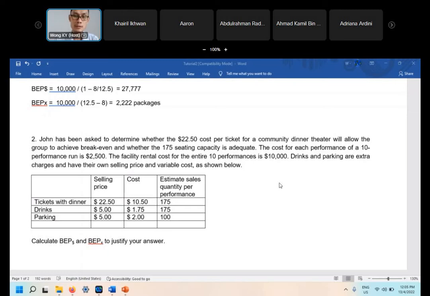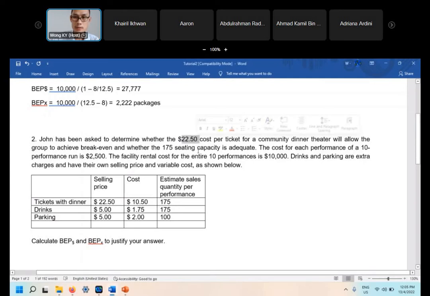The question asks whether this price is enough to break even, and also the dinner theater will allocate 175 seats. So you also have to find out whether these 175 seats, which is the break-even point in quantity, is enough or not to break even.